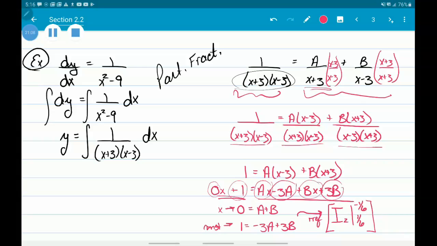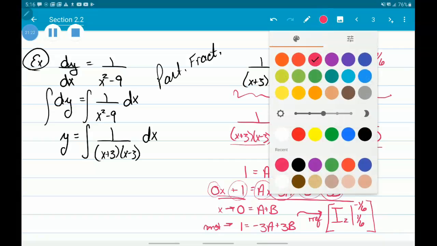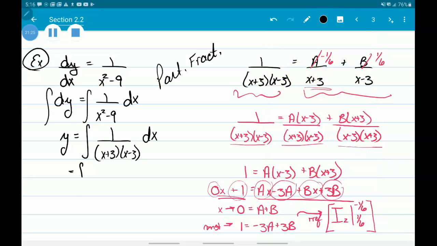So what that means is, let me erase this to clean it up. This A would be a negative 1/6, and this B would be a 1/6. So this side would be equivalent to integrating negative 1/6 over x plus 3 plus 1/6 over x minus 3.